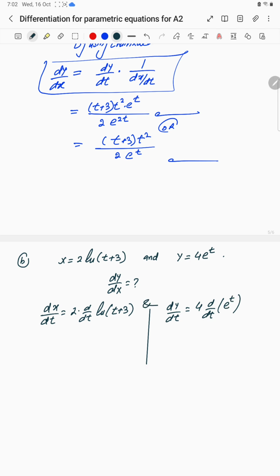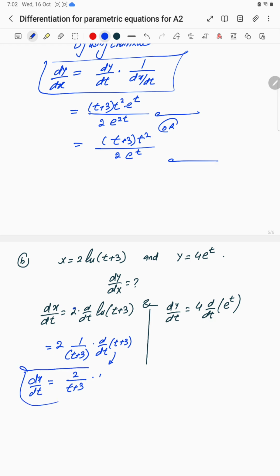Differentiate of log function is 1 upon function times differentiate of function with respect to t. I will get 2 over t plus 3, and because this becomes 1 plus 0, that is 1, no need to write. My answer of dx by dt is this.